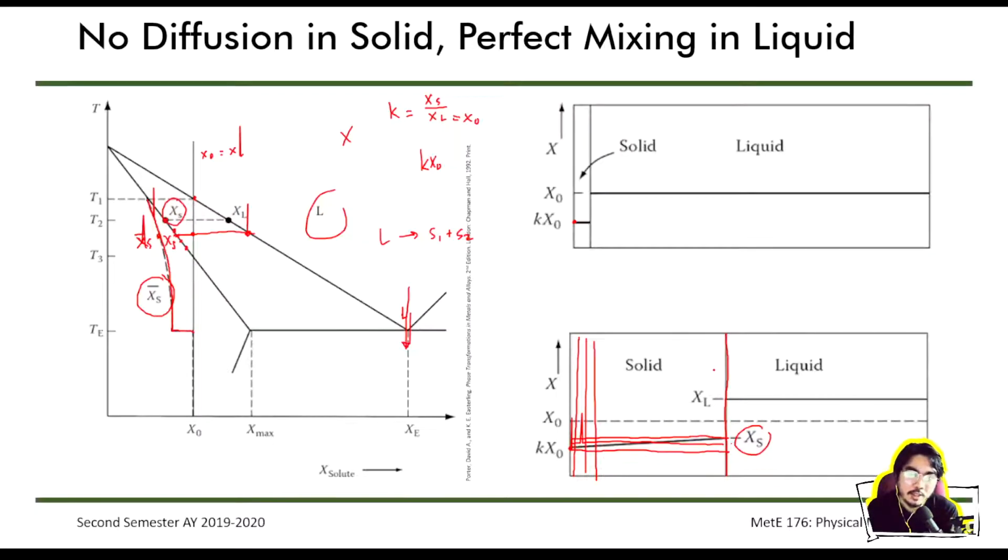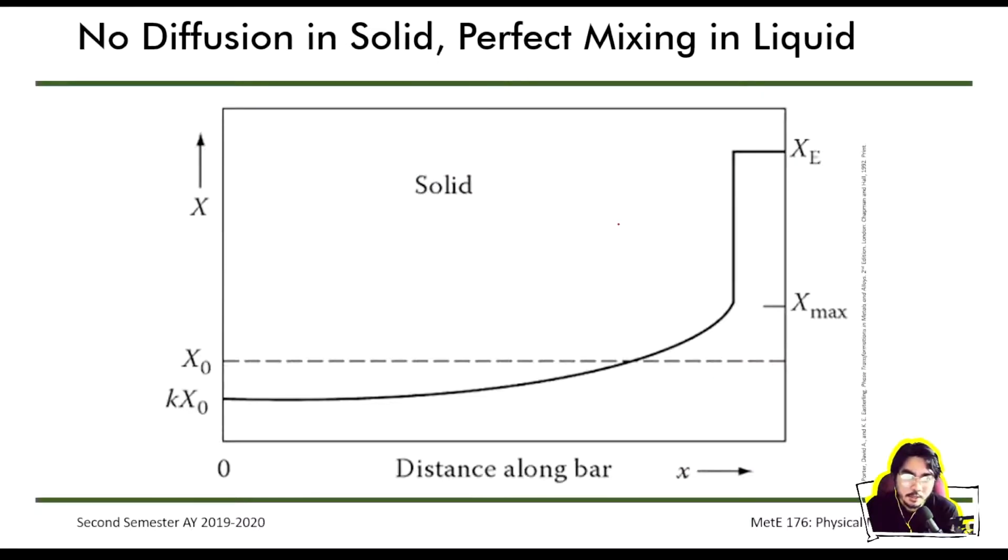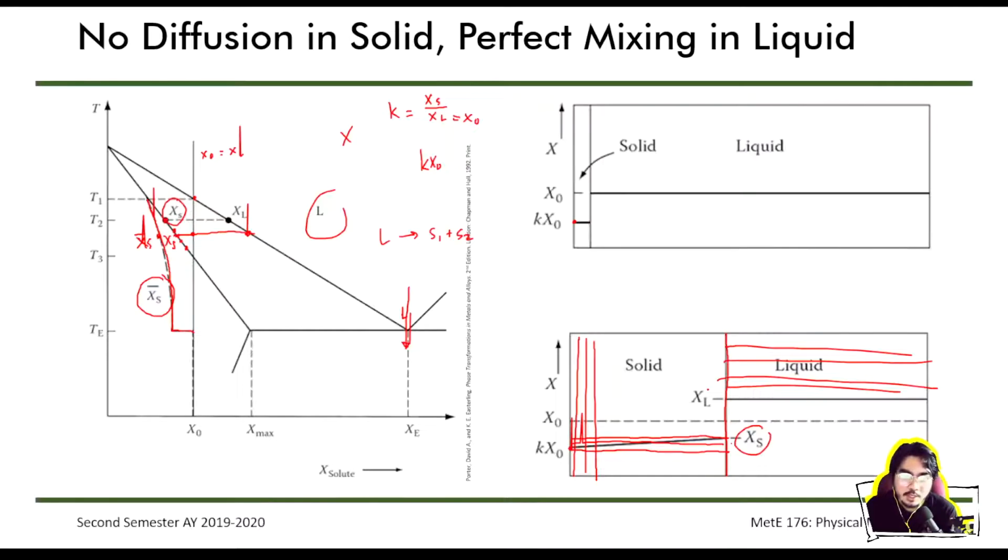Okay? And since it's perfect mixing, the liquid is the same scenario as earlier in perfect mixing with no diffusion in solids, such that the liquid composition changes homogeneously. It changes because it is perfectly mixed. So the tendency, if we look at it from this standpoint, is that eventually we reach a point where XL will have a eutectic composition, and when it has a eutectic composition, it will undergo eutectic transformation.